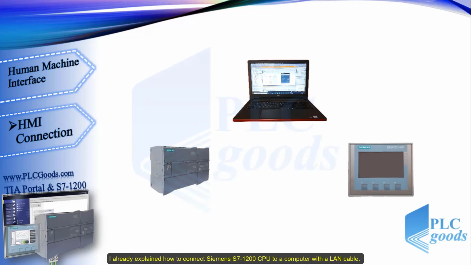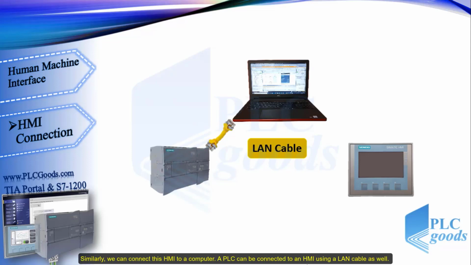I already explained how to connect Siemens S7-1200 CPU to a computer with a LAN cable. Similarly, we can connect this HMI to a computer. A PLC can be connected to an HMI using a LAN cable as well.